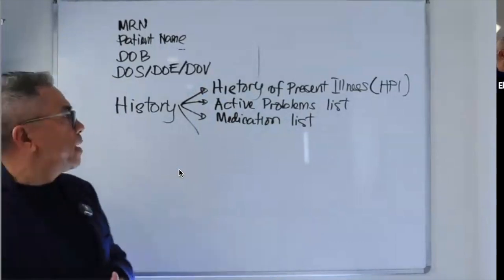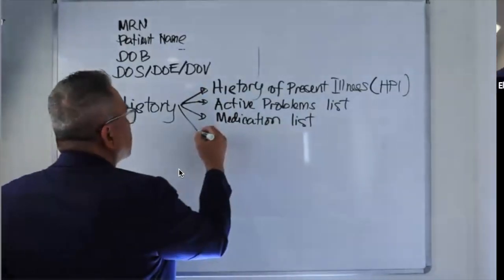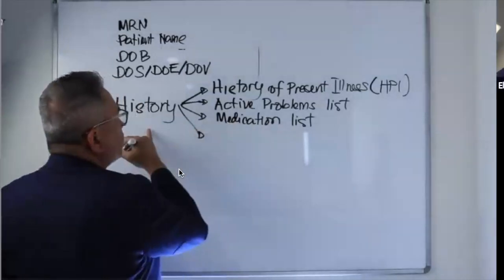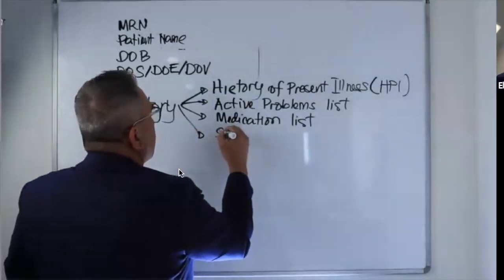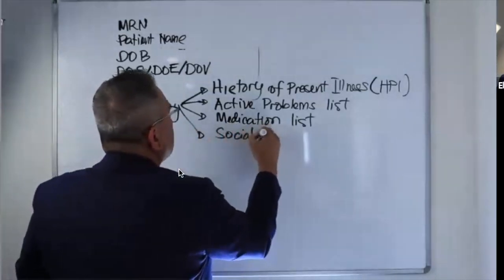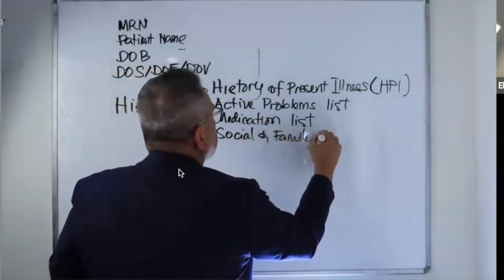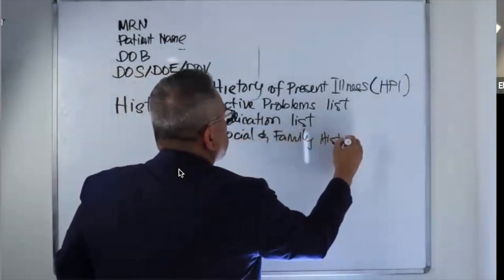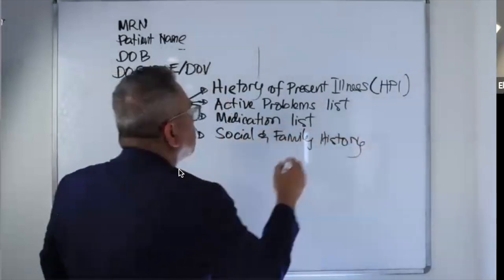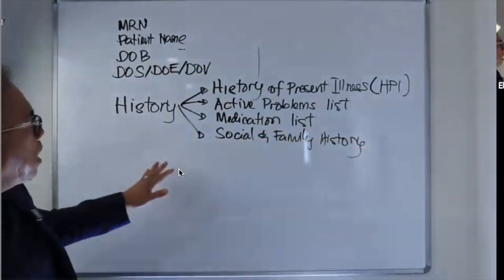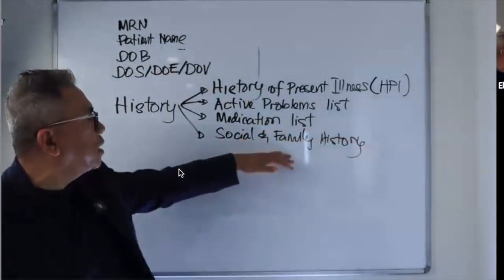And lastly, part of the history would be the patient's social and family history. So what are these two histories?